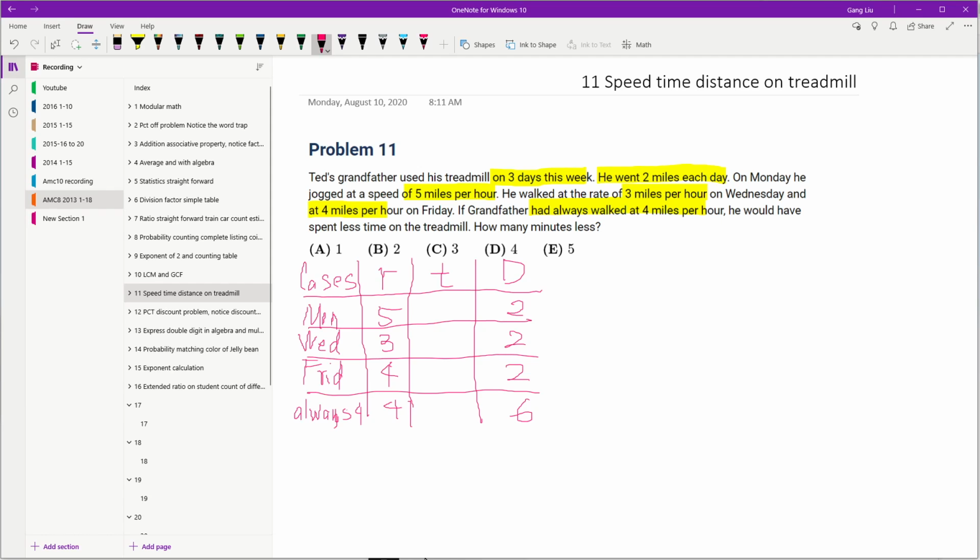So the time used on Monday is 2 divided by 5 hours, and if we convert into minutes, that's 2/5 multiplied by 60 equals 24 minutes.